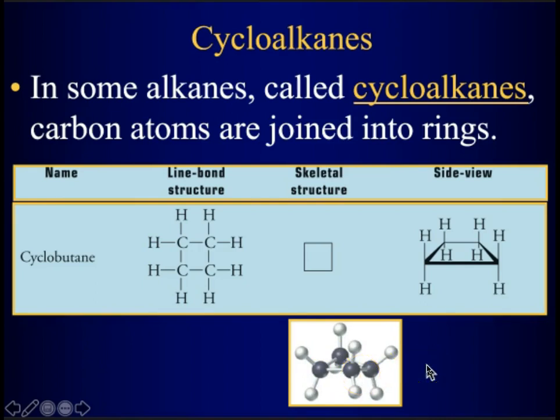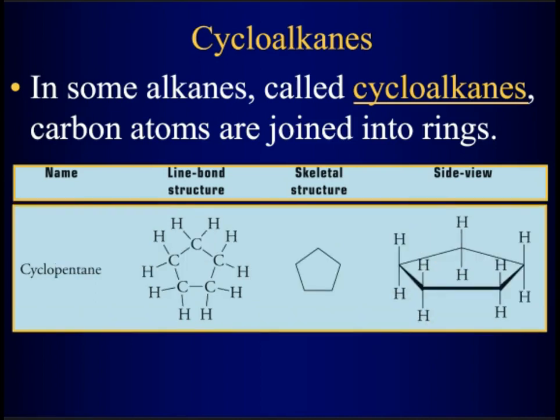Now you can see that those curves still aren't 109 degrees, but they're more than 90. This is called ring strain, when the ring wants to be 109 degrees apart, but it's constrained since they're all bonded together. So that makes cyclopropane, cyclobutane, even cyclopentane very constrained and not very stable because these bonds restrict that bond angle. But once again, we can see that the hydrogens are on either side of the ring.